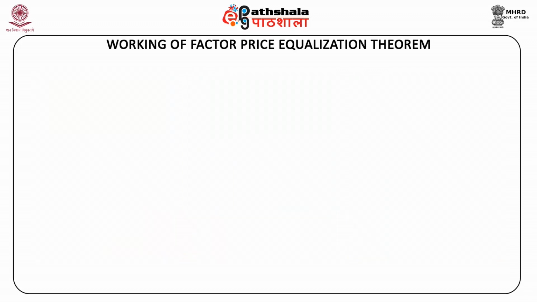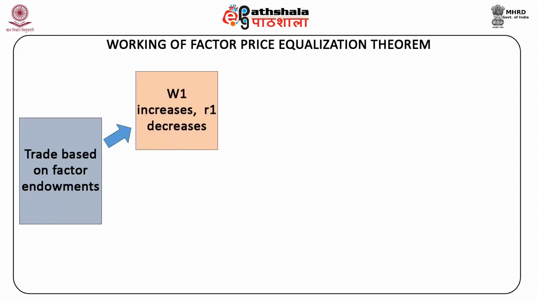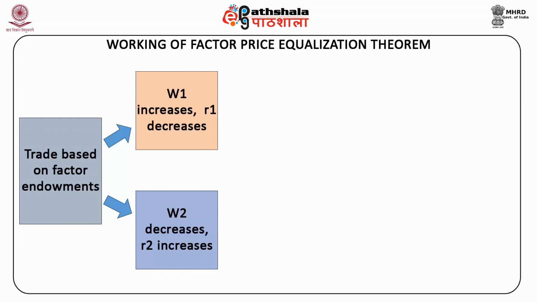The diagram shows the working of the factor price equalization theorem. When trade occurs on the basis of factor endowments, then in nation 1, wage rises and interest rate falls, while at the same time in nation 2, wage falls and interest rate rises.